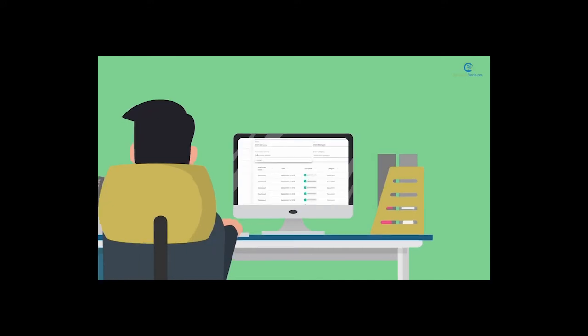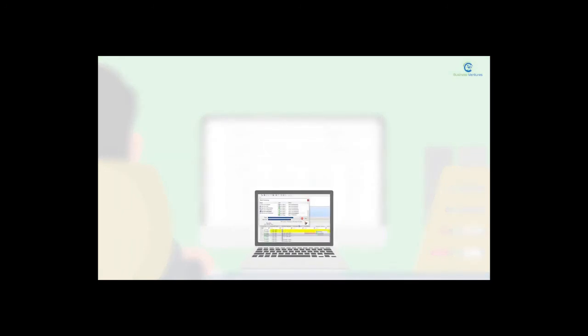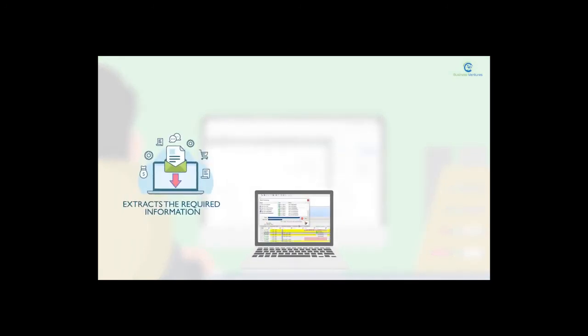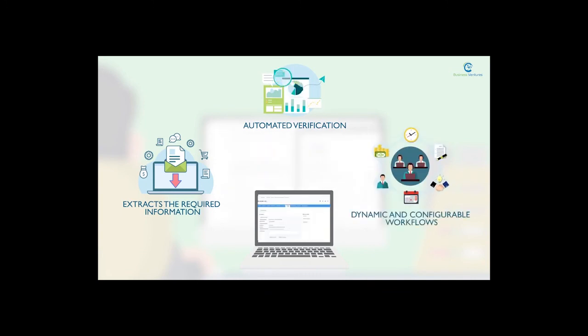Whether it's invoices, receipts, billing statements, credit card payments, eDoc 360 accurately extracts the required information from all kinds of formats. The solution provides an automated verification in addition to 2-way and 3-way matching with purchase orders and goods receipts. Exceptions are channeled to various approvers using the solution's dynamic and configurable workflows according to the company policy.